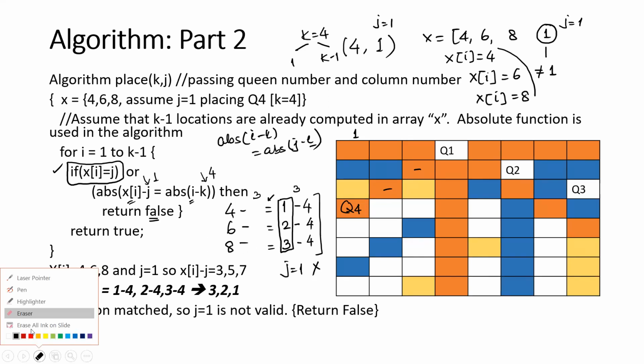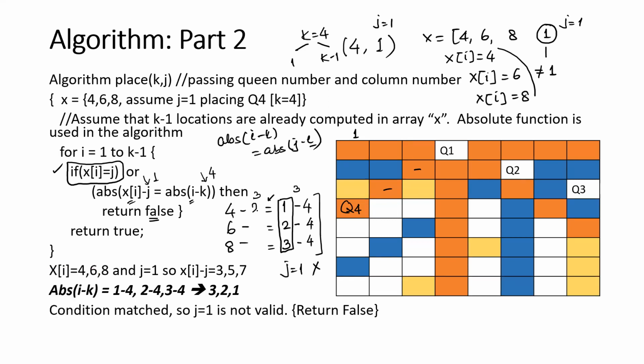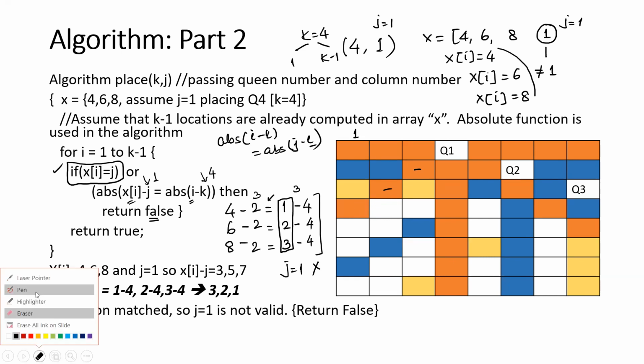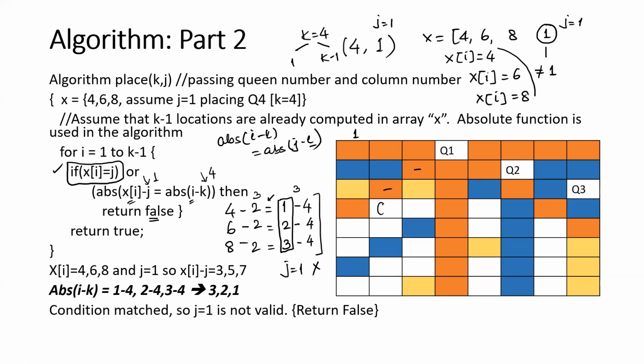So now I am just replacing this value with 2. So 4 minus 2 and 1 minus 4 not equal, 6 minus 2 and 2 minus 4 not equal, and 8 minus 2 and 3 minus 4 not equal. So it means that if you are using column number 2 for this queen, then it is permitted.